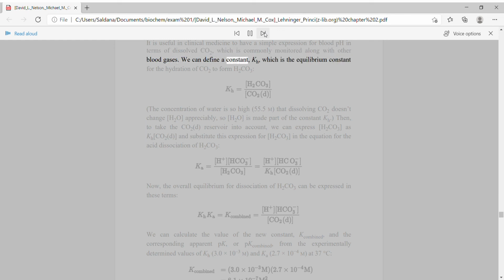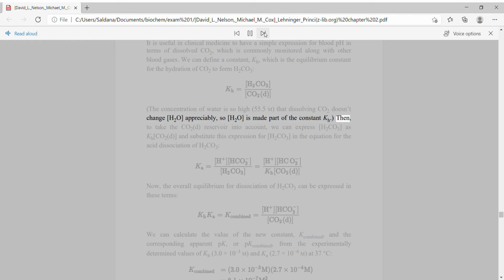We can define a constant, kH, which is the equilibrium constant for the hydration of CO2 to form H2CO3. The concentration of water is so high, 55.5 M, that dissolving CO2 doesn't change H2O appreciably, so H2O is made part of the constant kH.